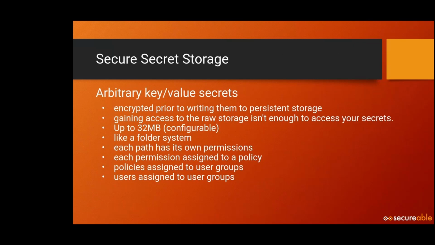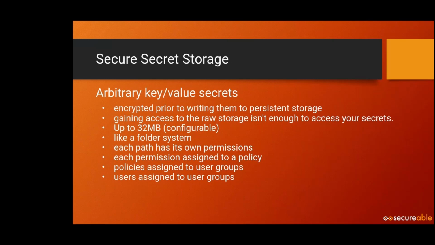So each secret is a key value pair. They're encrypted before writing them to the disk. So again, they're encrypted at rest. By default, each key can be 32 megs. Obviously, we can configure that. And think of the tree of secrets like folders in a disk drive. You know, each folder has its own permissions. Each permission is assigned to a policy.